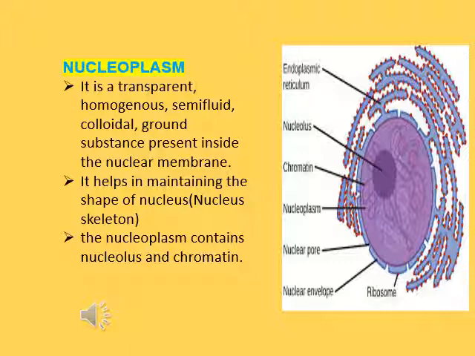All the activities that take place inside the nucleus are completed in the environment provided by the nucleoplasm. It also helps in maintaining the shape of nucleus, so it acts as a nucleus skeleton. The nucleoplasm also contains two special features, that are nucleolus and chromatin.